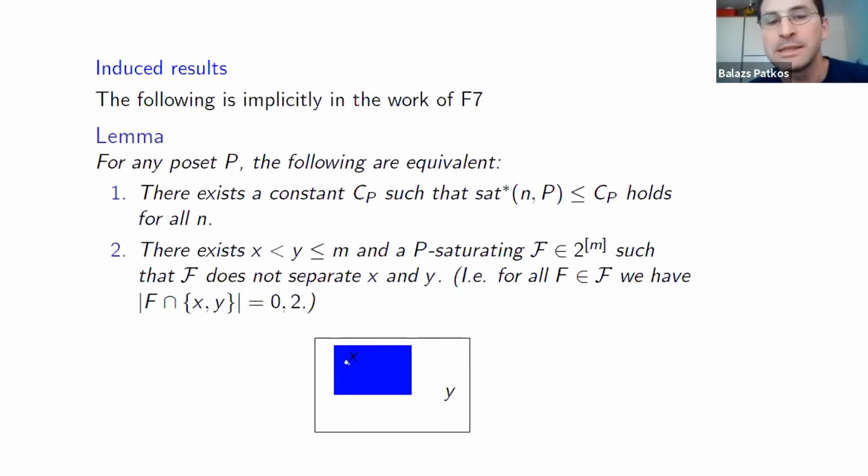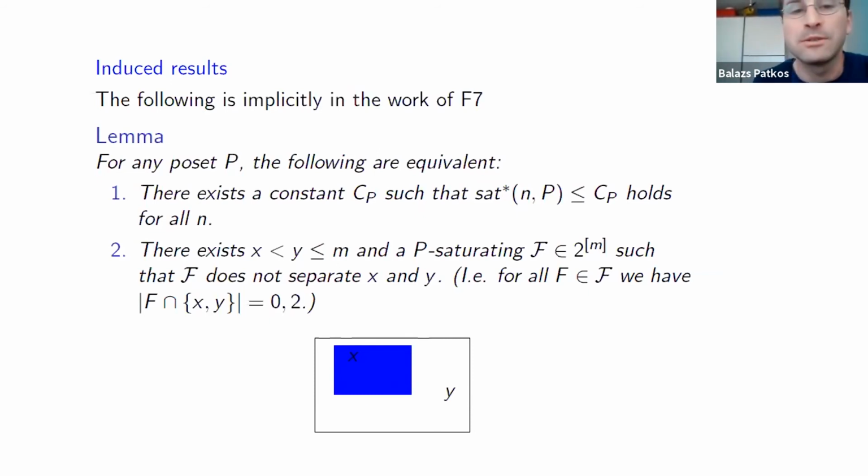Separating means that this blue rectangle separates x and y because x is contained and y is not. So if we have a saturating family and 2 elements that are not separated by any of these sets, that's a proof that the induced saturation function is bounded by a constant. And the statement of the lemma is that this is if and only if.